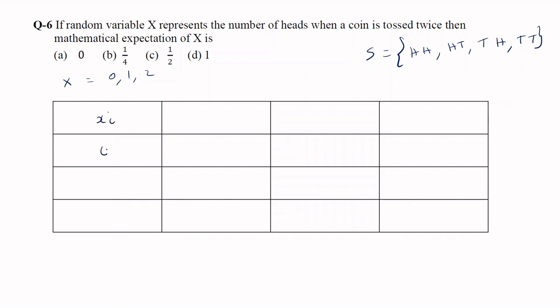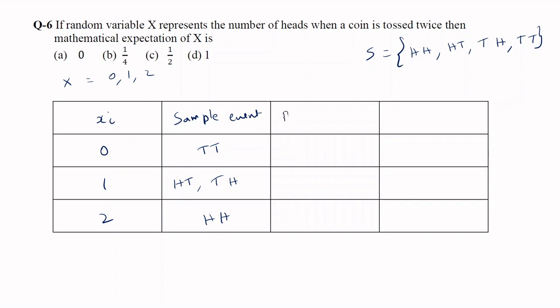So xi can be 0, 1, 2, and the sample events for each of these are: 0 means no head, so it is tail tail; 1 means one head, one tail, or one tail, one head; 2 means both heads.